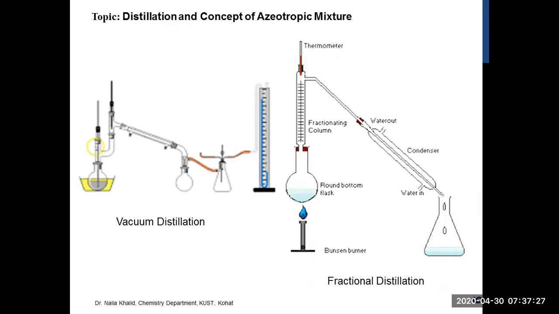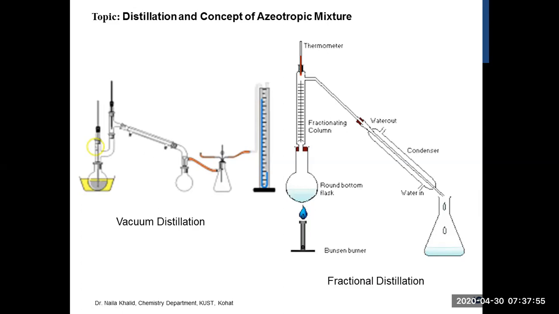Now, vacuum distillation. This is another distillation technique. The only addition you can see here is that this is creating a vacuum, and creation of a vacuum will lower the boiling point of the components. So this is specially designed for mixtures in which the components can be destroyed at their boiling point.